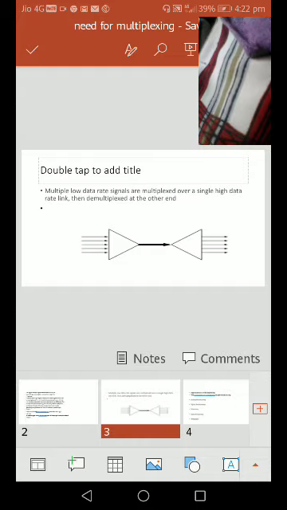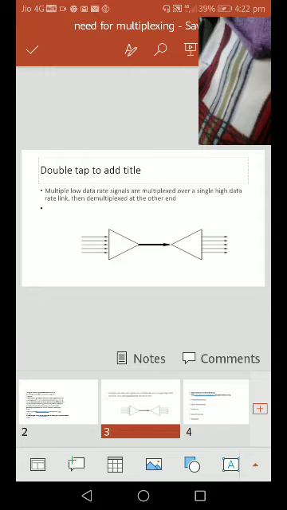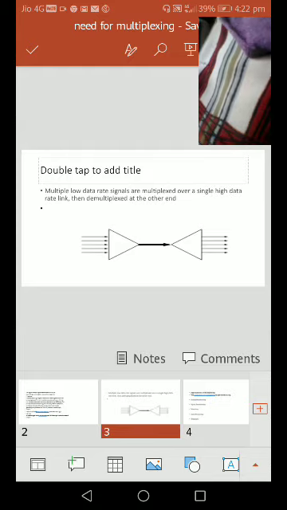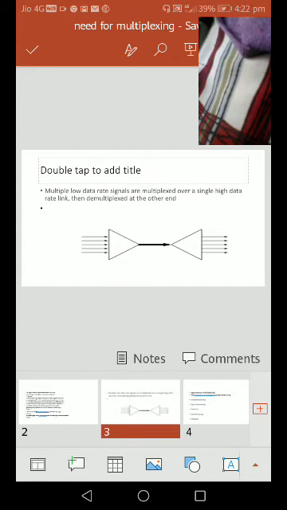The frequencies are multiplexed and go onto a common channel. This common channel shares the information, and the data collected is separated and demultiplexed at the other end.